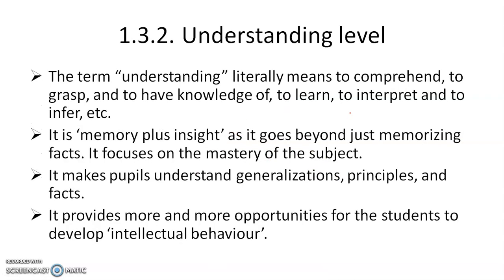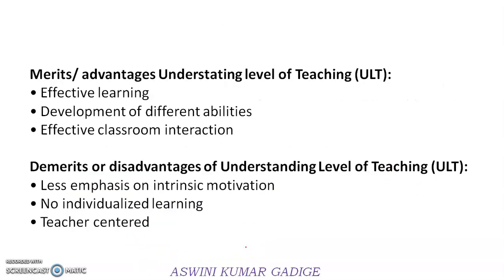Next, what is the understanding level? It makes the students understand generalizations, principles and facts. It provides more and more opportunities for the students to develop intellectual behavior. The merits of the understanding level are effective learning, development of different abilities, and effective interaction also, because if the students start understanding, automatically the student will ask questions to the teacher, and then interaction will develop between the teacher and the student.